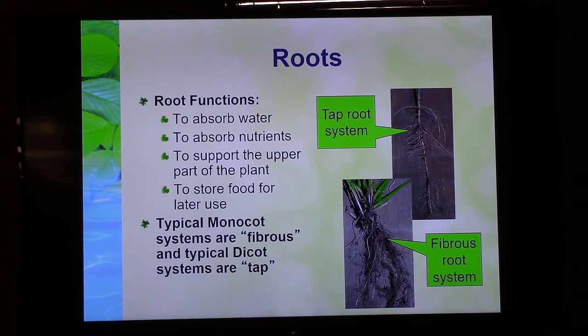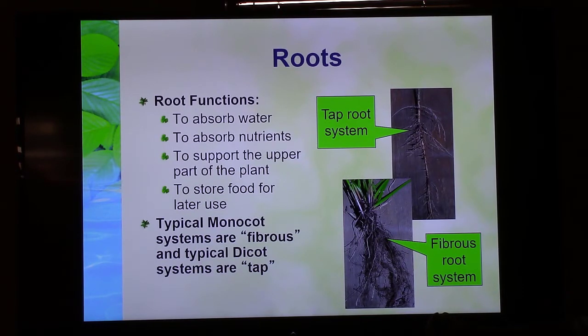But if you pull up a dicot plant, very often you will see that there is one root that is bigger, longer, stronger than all the rest, and the others seem to be branching off of it. We call that one big root a tap root, and that's a taproot system.